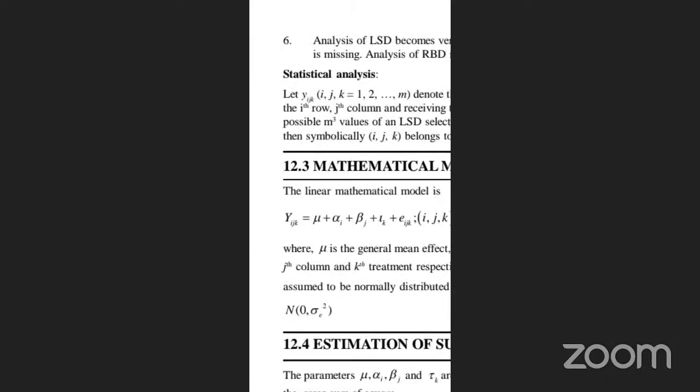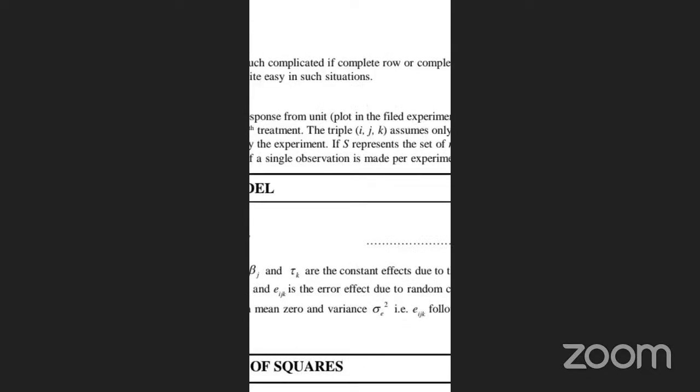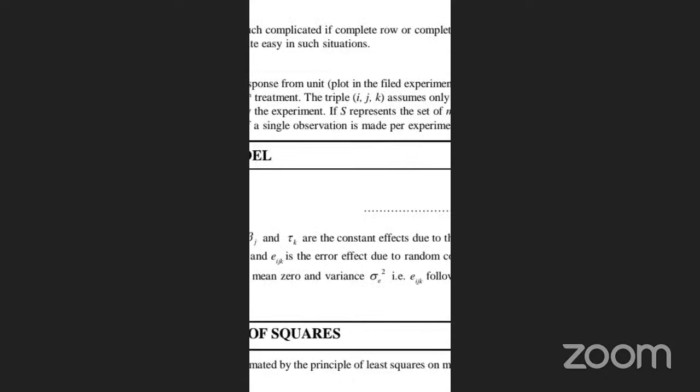The triple ijk is the assumption of m squared of the possible m cube values of LSD selected by the experiment. If S represents the m squared values, then the symbol ijk belongs to S. So a single observation is made per experimental unit.